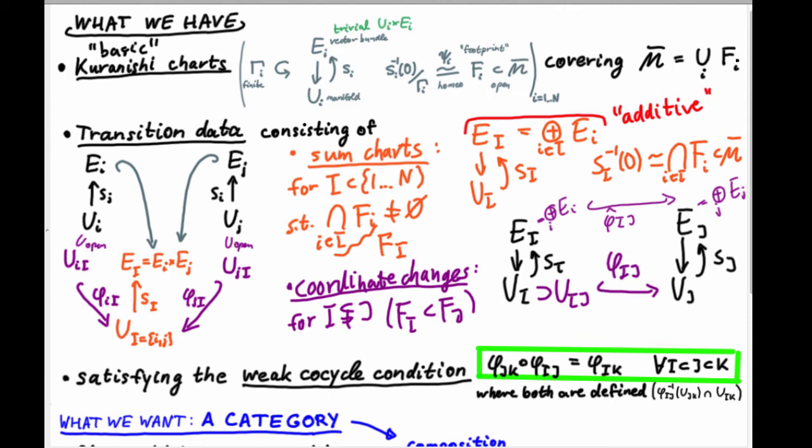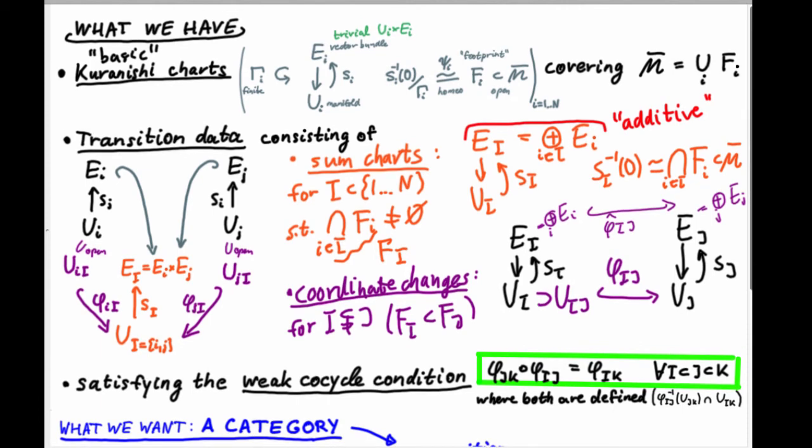Question: do you have to worry about some kind of coherence when you're choosing your UIJs? Yes, good question. This is about coming up. Let's think about this for a second. Say I was trying to define a manifold. I could do this by setting all my obstruction spaces, the E's, to 0, and setting my sections equal to 0.